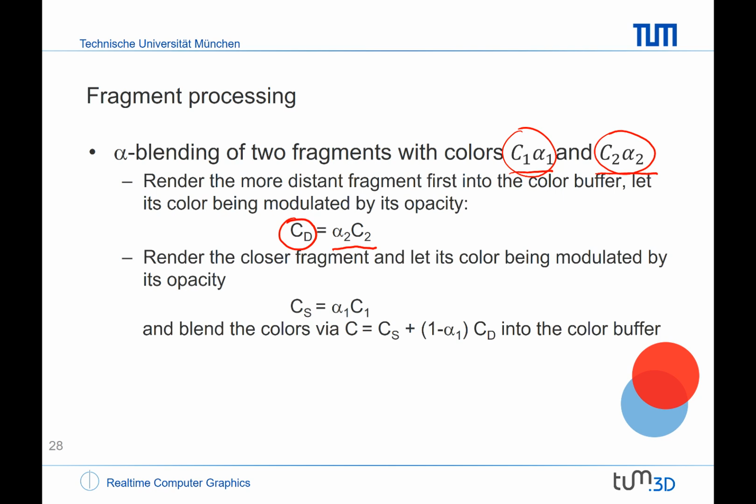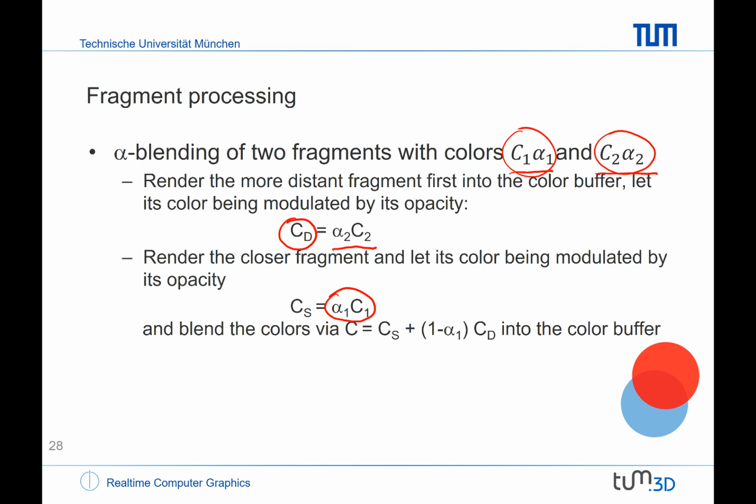Okay. So now we would render the second object, the one that in our example is closer to the viewpoint. And also for that object we would have a fragment shader which says, okay, we take the interpolated fragment color, we multiply it with the interpolated opacity value. And then we blend that object into the color buffer.